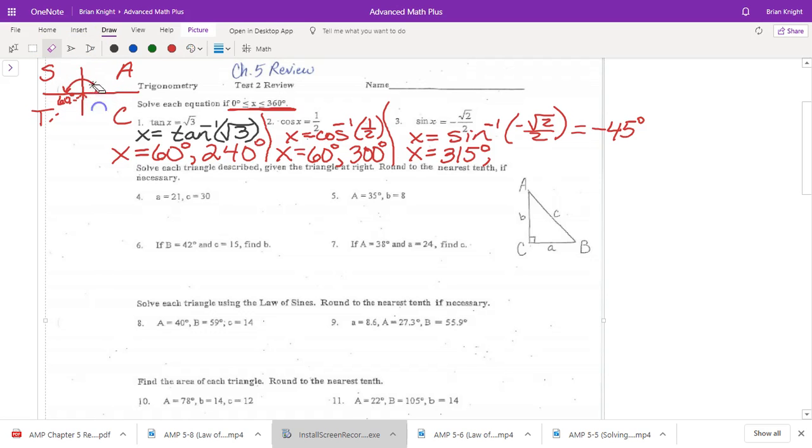So let me erase this over here so you can see a little better. Fourth quadrant, right? 45 degrees, boom, that's 315. Where else is the sine negative? It's positive in the first and second, so the third one.